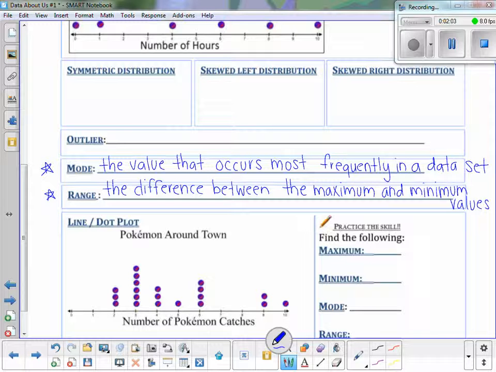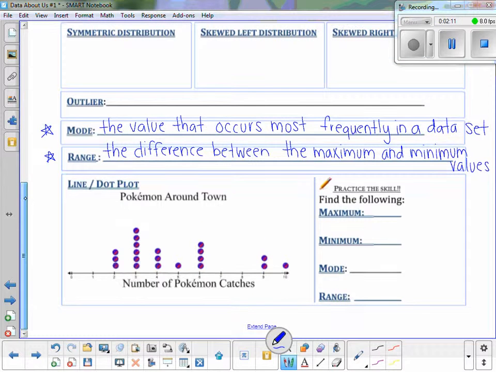Below, we have a picture of Pokemon around town. And keep in mind, this was some data that was collected at the very beginning. Those of you who are out catching them all are probably well past 300, something crazy. That's awesome. So let's look a little bit at our data.